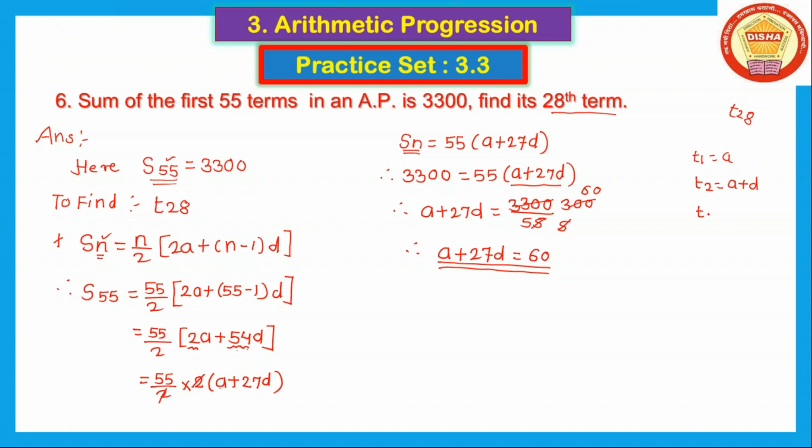See now. What is T3? T3 is equal to A plus 2D. What is T4? A plus 3D. Means we find fourth term, then we take the coefficient 3. When we find third term, then we take the coefficient 2. Means here we take the coefficient of D as less than 1 than the number of terms.